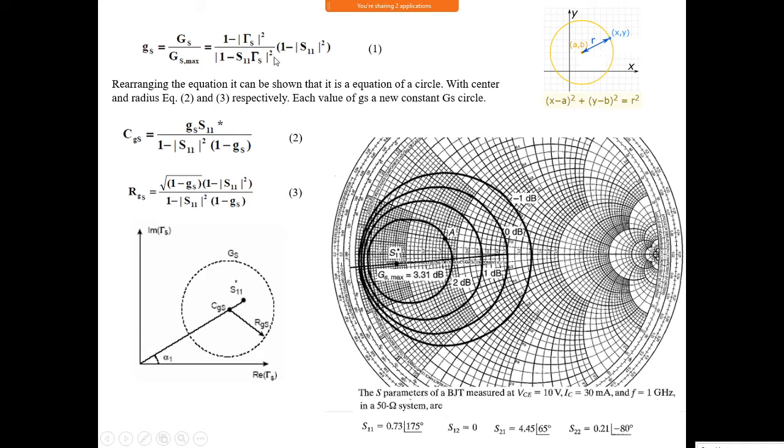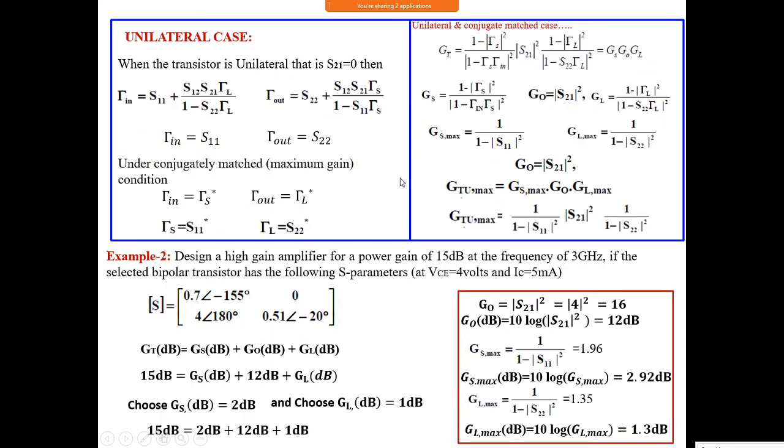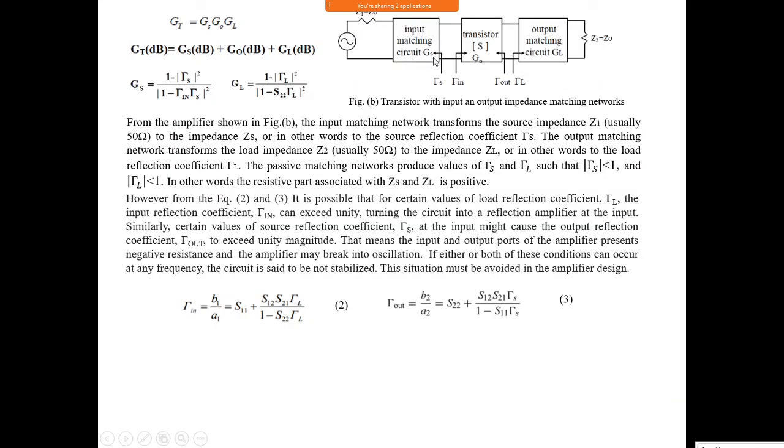Similarly on the right hand side, S11 is constant, and TOS depends upon ZS, the input impedance looking towards the source. Whatever impedance we observe looking towards the source is called ZS. So for a particular value of ZS, we will get GS equal to 2 dB.